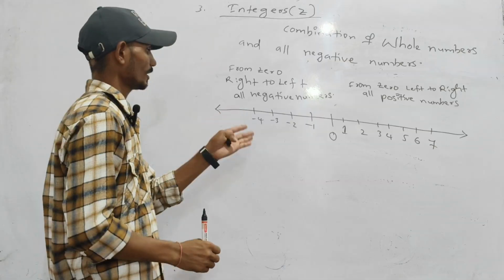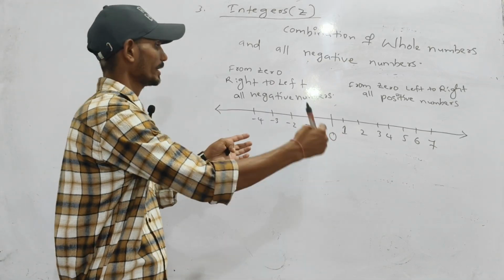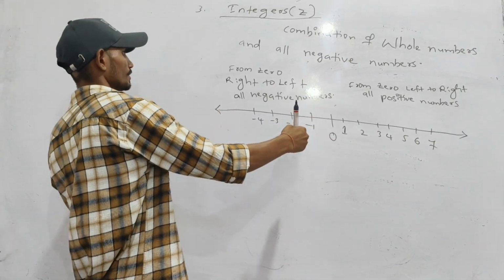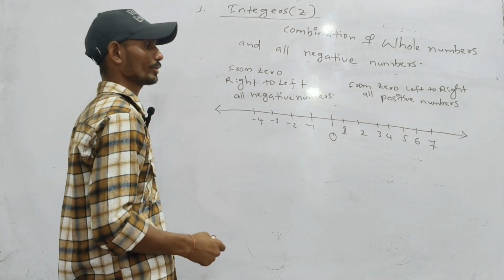From 0 left to right, all positive numbers, and right to left, all negative numbers.